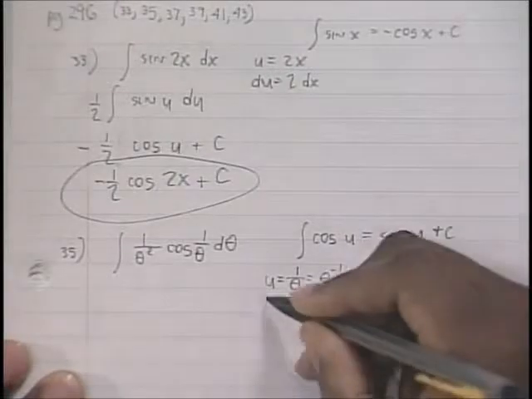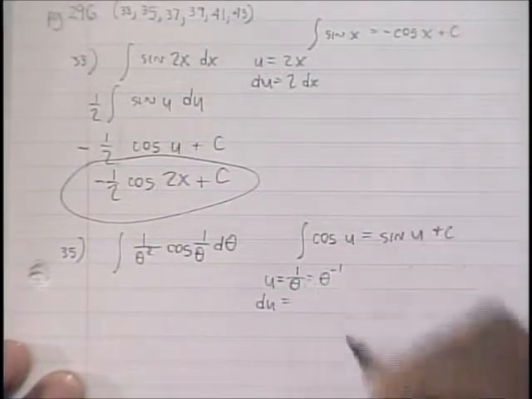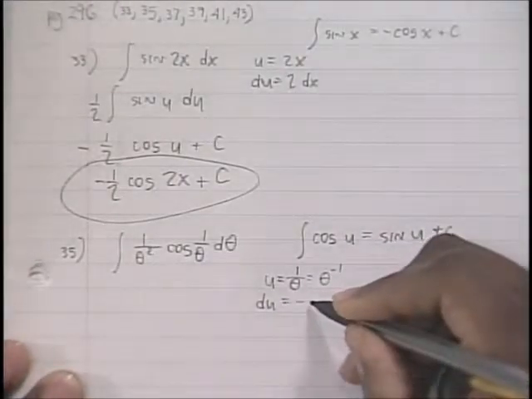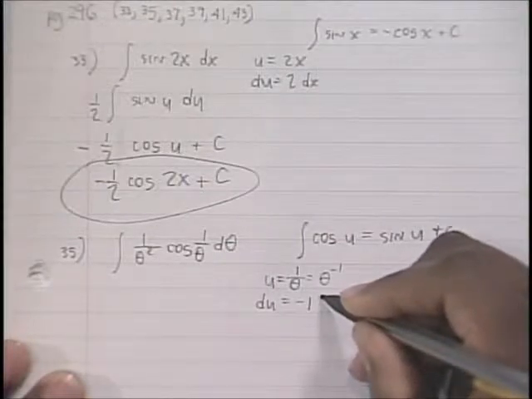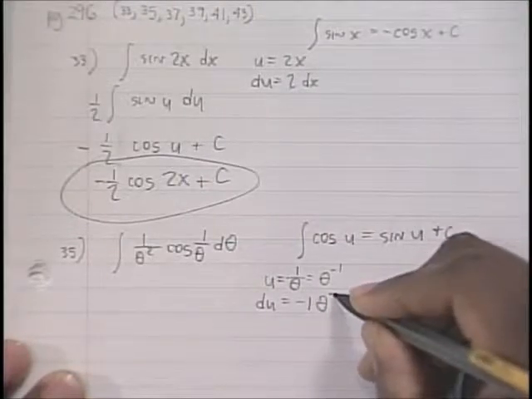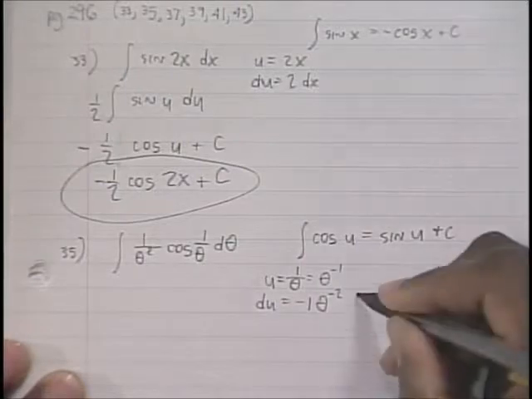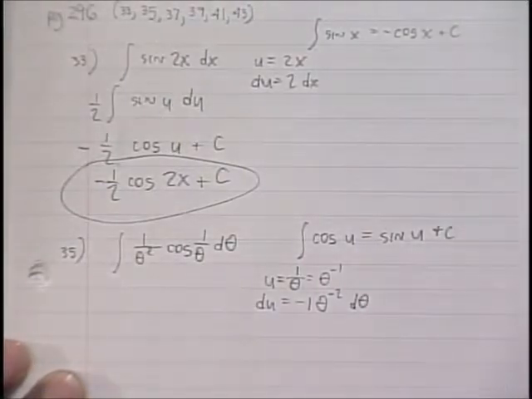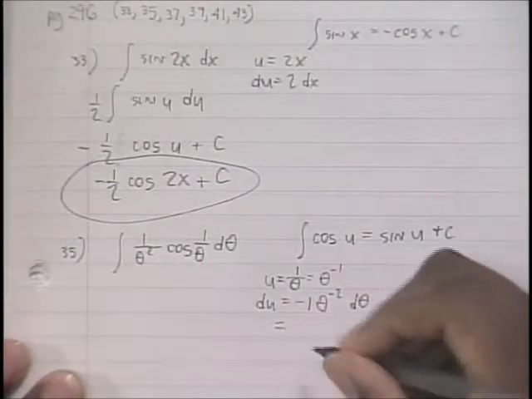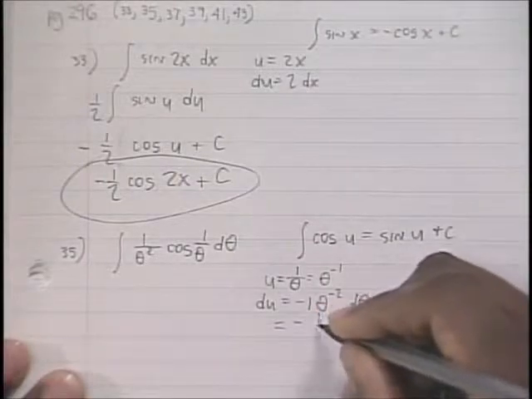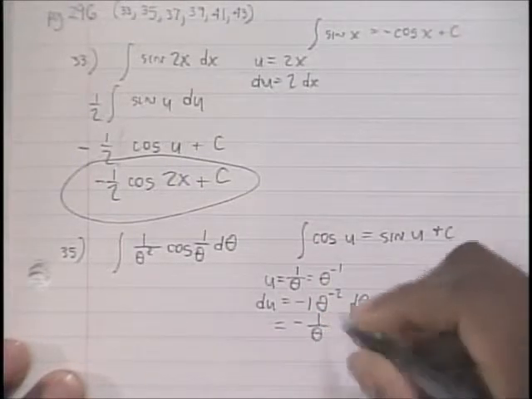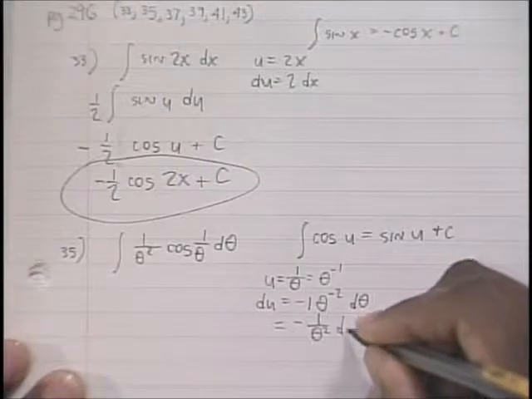Then du, the derivative of u, would be negative 1 theta raised to the negative 2 power, d theta. That's the same thing as negative 1 over theta squared d theta.